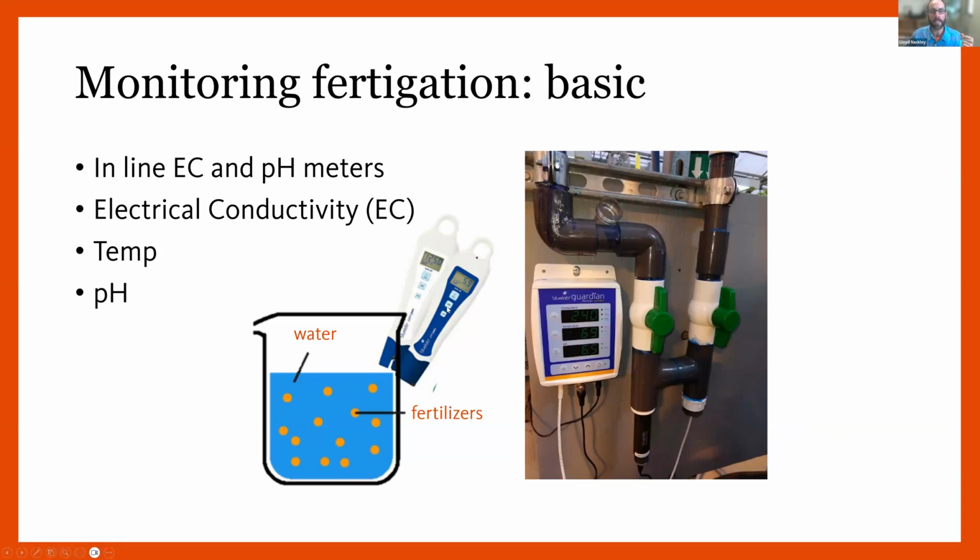This would be a pH and EC meter, and you would measure the solution pH and EC regularly, daily at least, or in line, where you would put the probes in your tank. Again, a few hundred dollars, and you can be monitoring pH and EC.